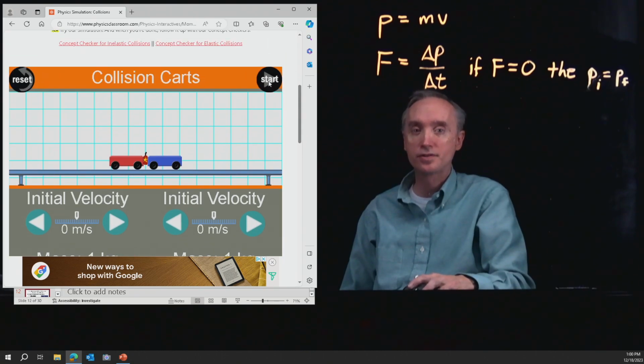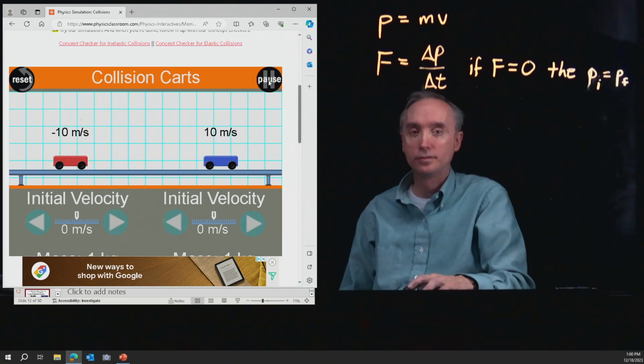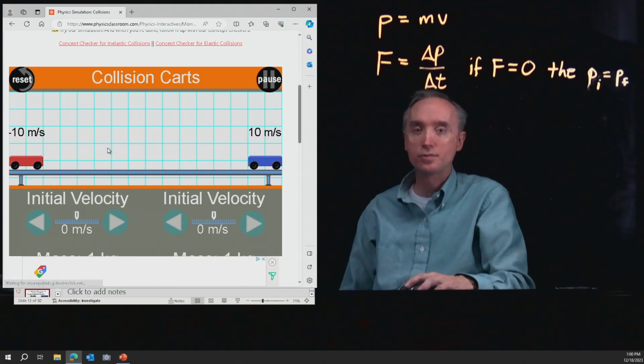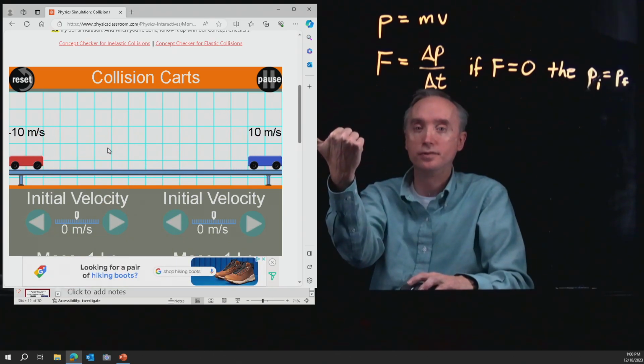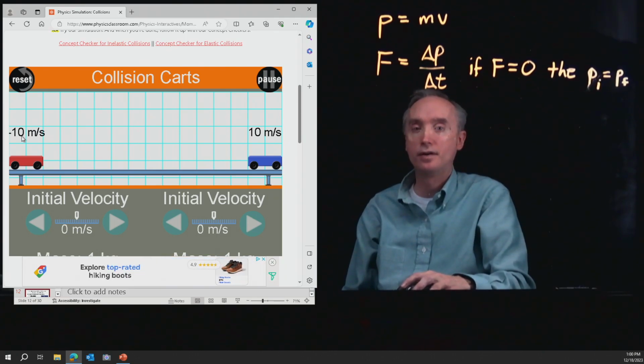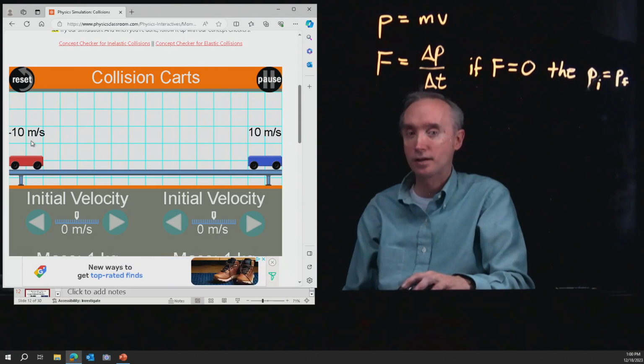So if we click on start, you'll notice that this one went in this direction and had a speed of negative 10 meters per second.